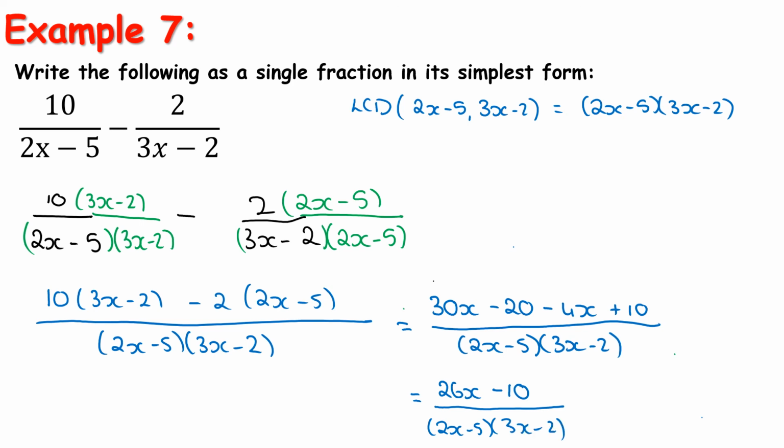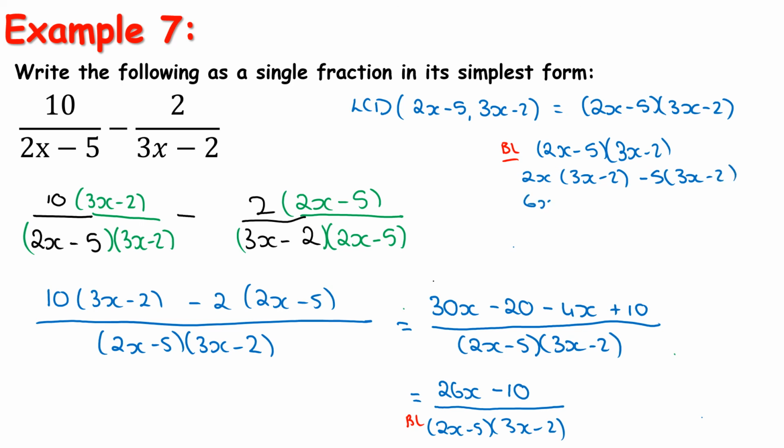Now I'm going to take that bottom line and I'm going to work up here and I'm going to multiply it out. So anything long I try not to do in the fraction, it just takes up too much space. So we have 2x times 3x minus 2 minus 5 times 3x minus 2.